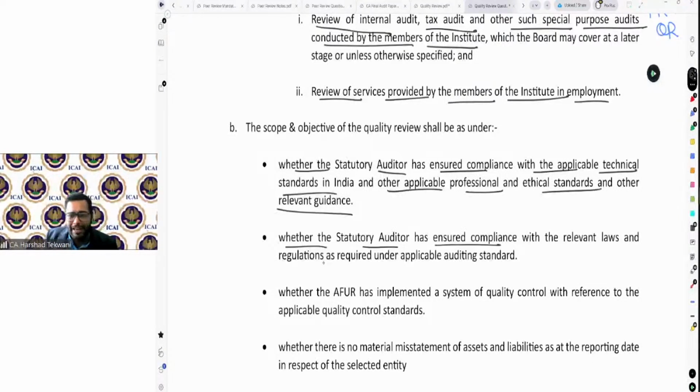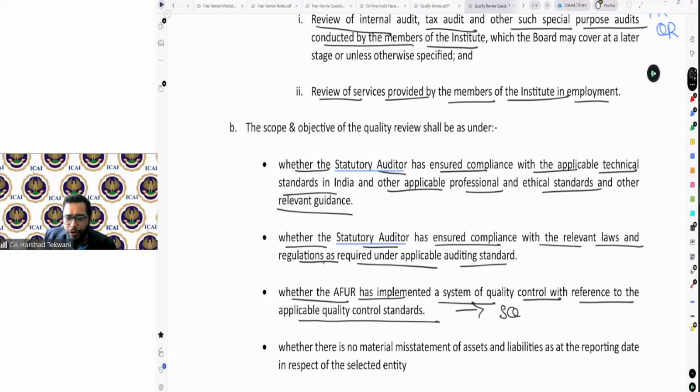Whether the statutory auditor has ensured compliance with relevant laws, regulations, as required under applicable auditing standards. Again, everywhere, if you focus, I'm focusing on the statutory auditor. Whether the auditor has implemented a system of quality control with reference to applicable quality control standards.